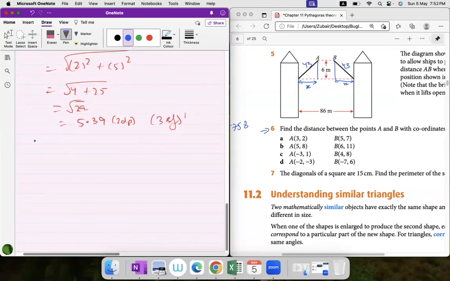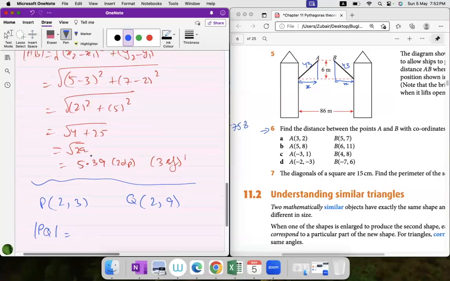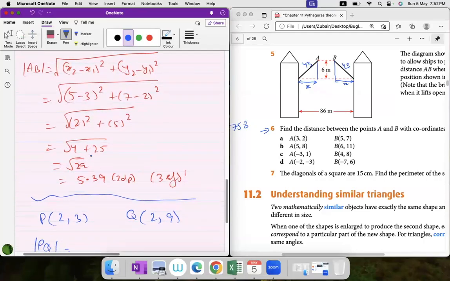Okay, if we just avoid this and find the distance between, let's say P is 2, 3 and Q is 2, 9. What is the distance between PQ? Can I see the formula again? Thank you.